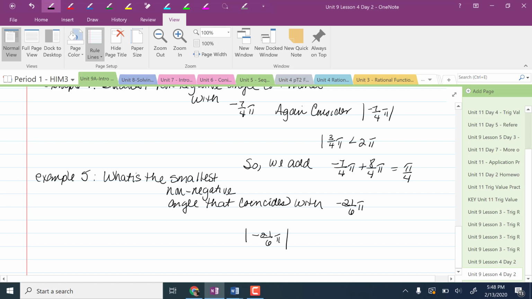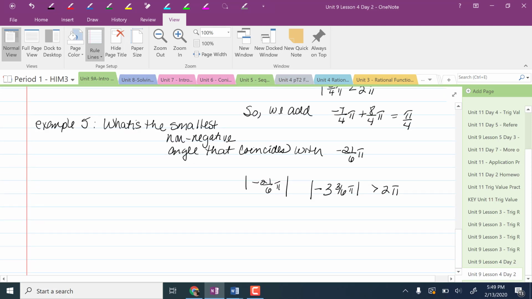You might want to think of it as a mixed number, and that's clearly more than 2 pi's. And so we need to go ahead and add 2 pi to the negative because we're in between 2 pi and 4 pi.